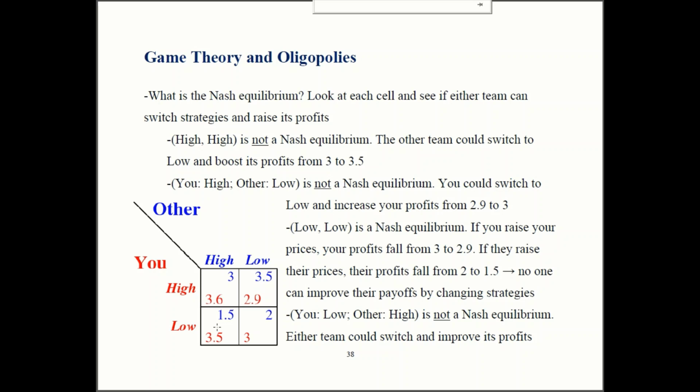Alternatively, if they keep playing high, you could raise your profits by switching from low to high. In that case, your profit would go from 3.5 million, shown here in red, to 3.6 million. So this is also unstable and not a Nash equilibrium. So the unique Nash equilibrium is both teams pick the low price.